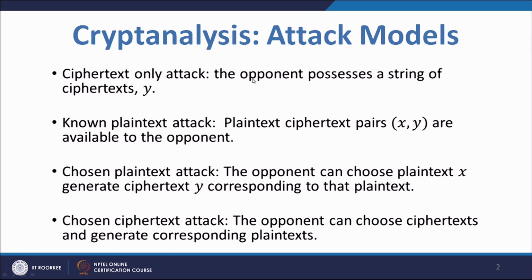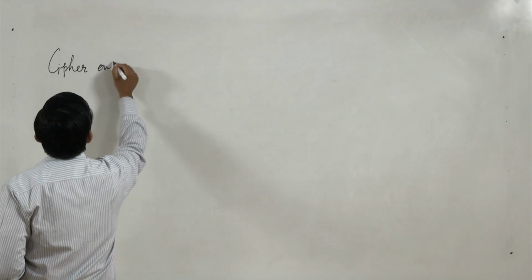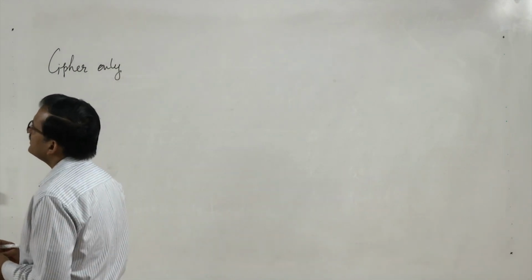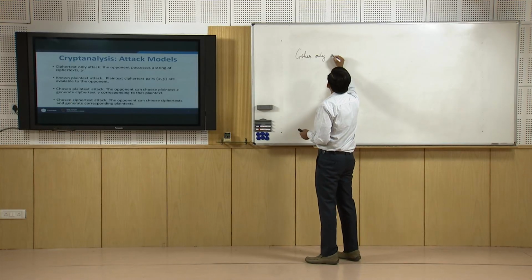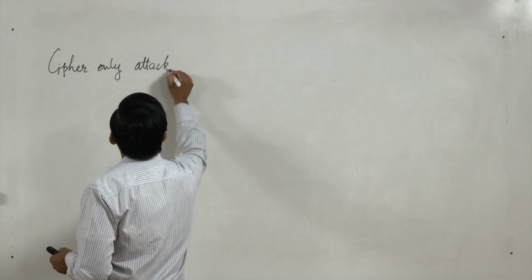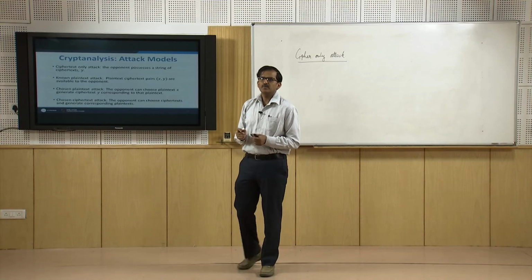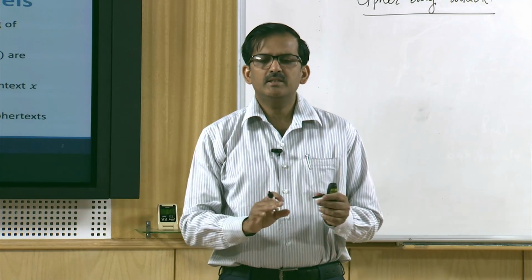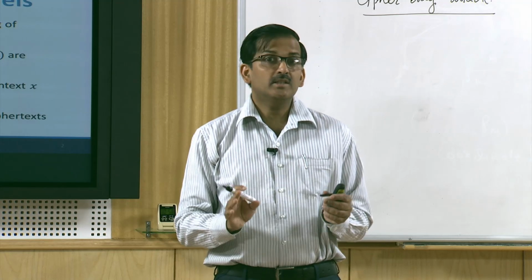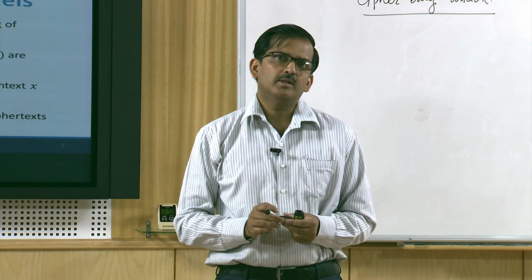In this model the attacker has only access to ciphertext and nothing else. Of course, we assume that the attacker knows the crypto system being used, he knows the circuits, the algorithms and everything, but he does not know the particular key that is used by Alice to encrypt the message.